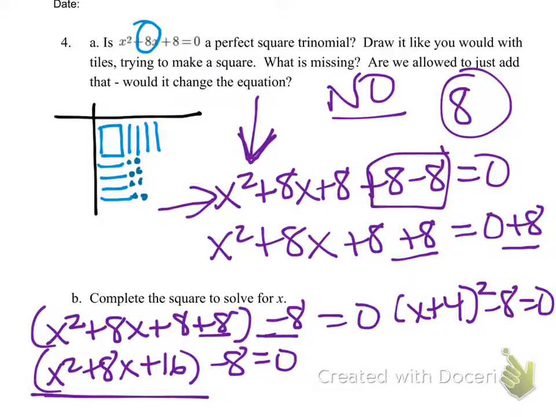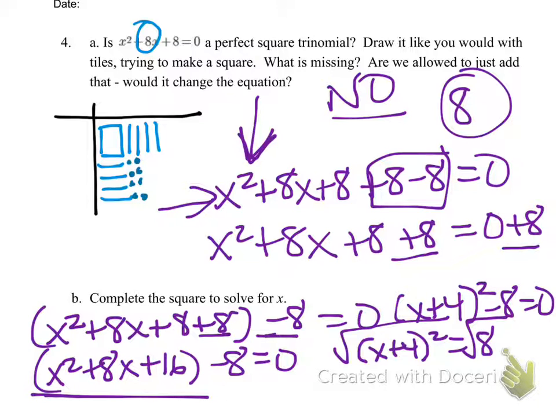To solve, I'm going to add 8 to both sides, so I get x plus 4 quantity squared equals 8. And now I'll take the square root of both sides. This is key: when you're taking a square root of both sides and you have that variable x there, just like we talked about in the imaginary number video, I'm going to have plus or minus.